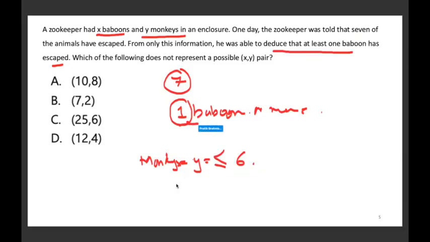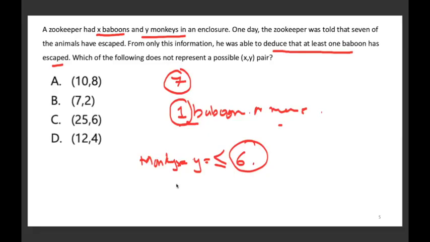Because here one or more baboon would have escaped. 7 में से एक चला जाता है तो 6 बच जाता है, which means 6 or less than 6 monkeys would have been there. So from the 7 escaped, only then the zookeeper can say that at least एक baboon तो गया है. At least one baboon has gone. All right. So that's where we know that monkey has to be less than or equal to 6.